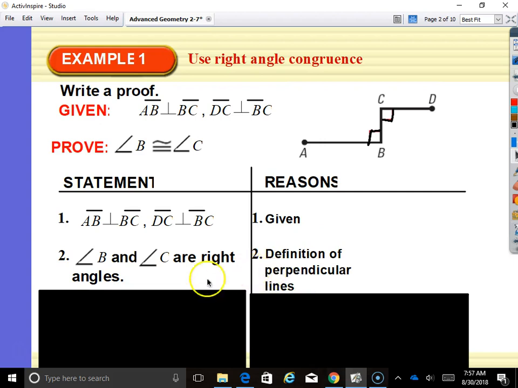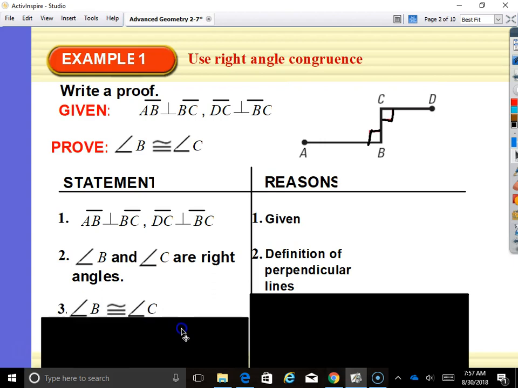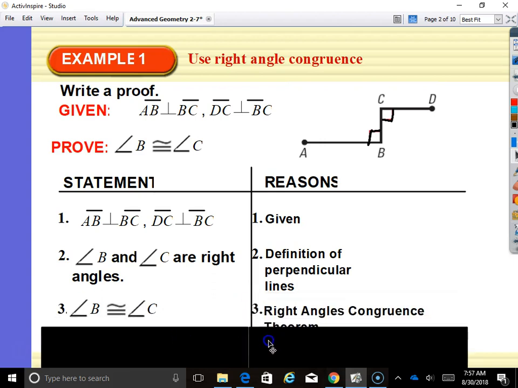And then if they're right angles, they are what? Congruent. Right angles congruence theorem. Because they are right angles, we know they're congruent because we have a new theorem, the right angles congruence theorem.